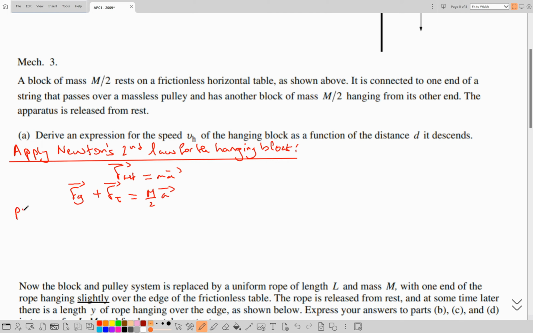And now we can say projection along the vertical.